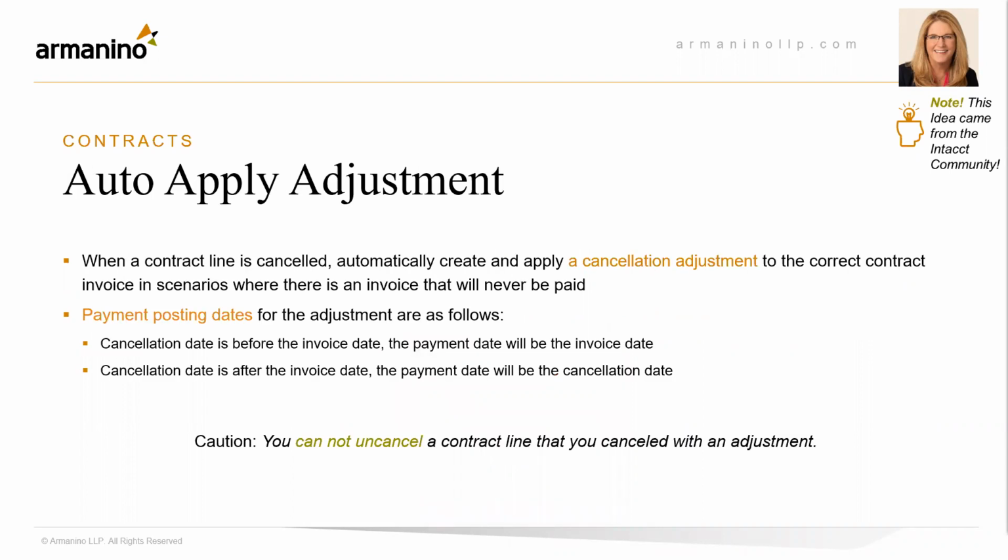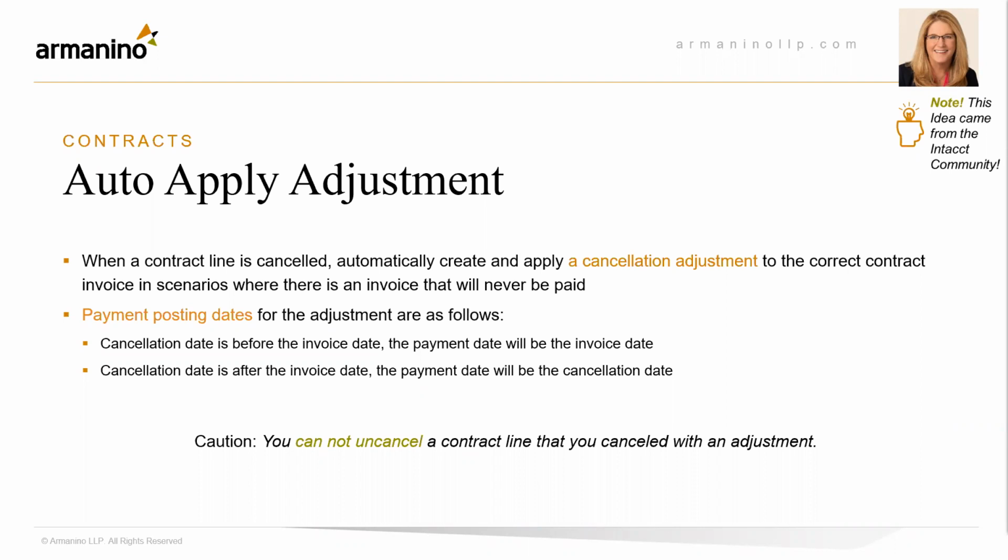All right, here's another idea that came from you, to auto apply adjustments. When a contract line is canceled, automatically create and apply a cancellation adjustment to the contract line invoices in scenarios where the invoice will never be paid. The payment posting dates for the adjustments are as follows. If the cancellation is before the invoice date, the payment date will be the invoice date.